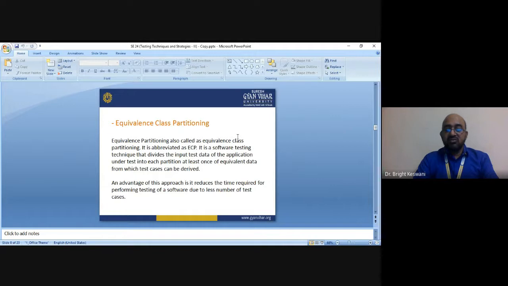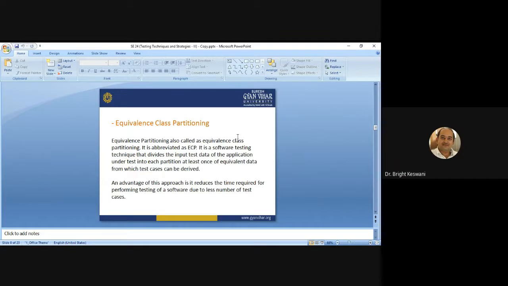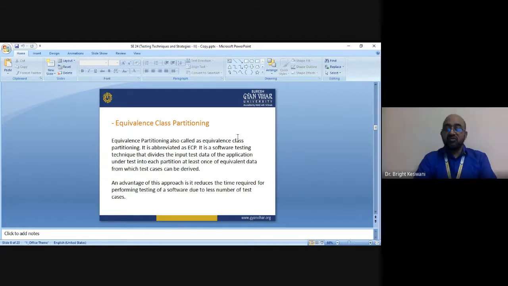This method divides the input of a program into classes of data, and test case design is based on defining an equivalence class for a particular input. An equivalence class represents a set of valid and invalid input values. What is an equivalence class? It is a set of test cases such that any one member of the class is representative of any other member of the class. Okay, so this is the basic idea about equivalence class partitioning.